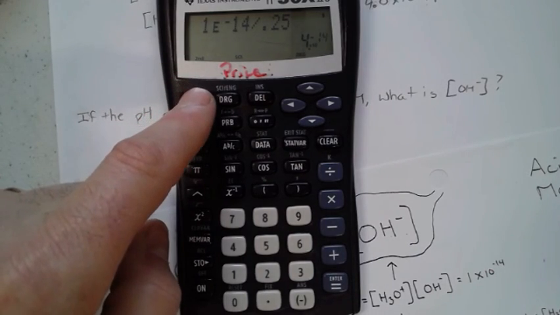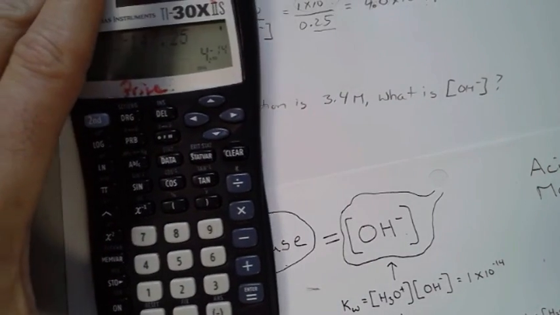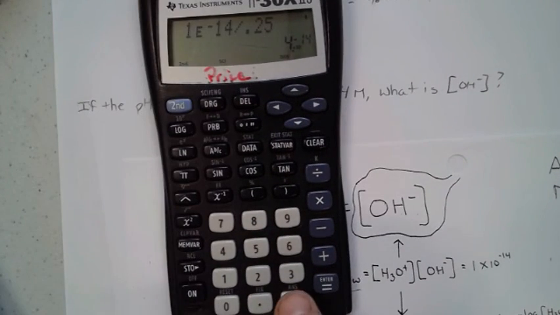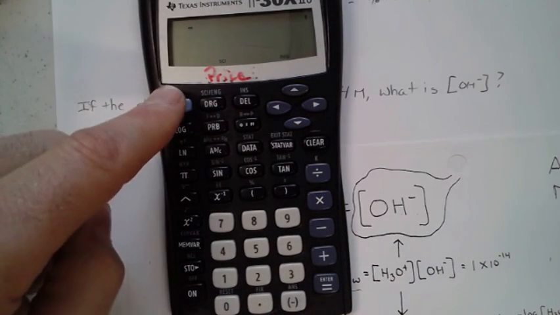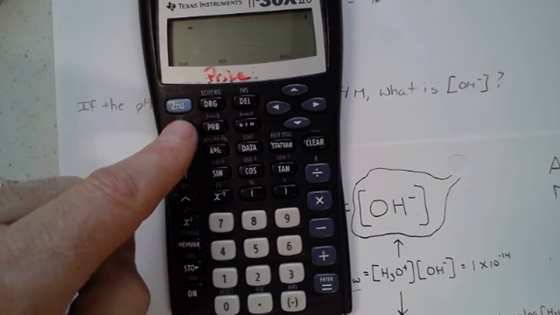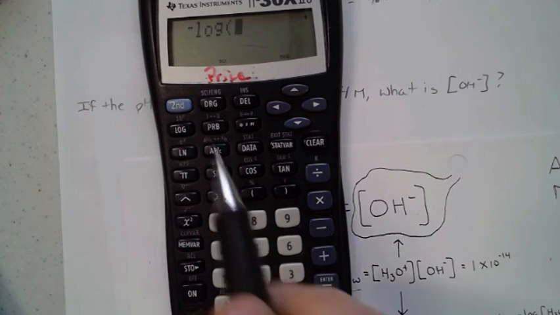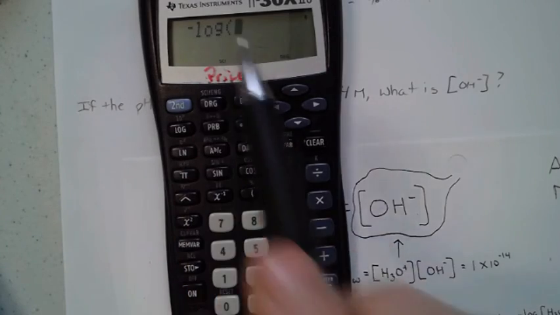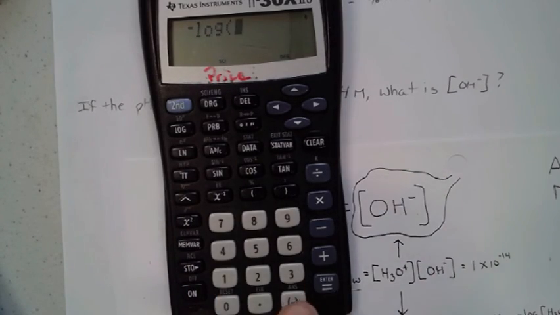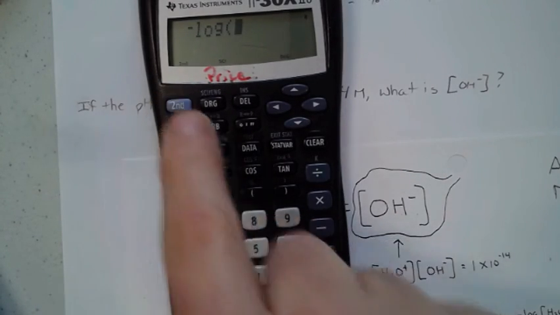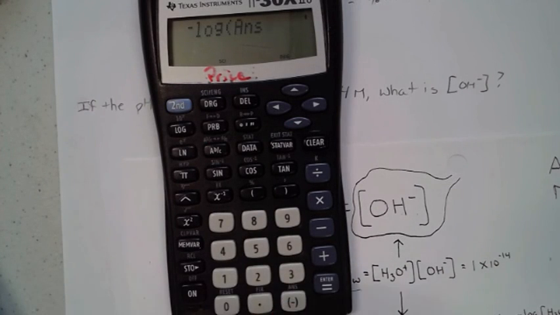So I go negative, remember it's negative, the negative button down here. Then, sorry, not second, I just go log. It's not 10 to the x, sorry. It's log, so negative log, and then the concentration of that answer. So I'm going to go second answer, which is 4 times 10 negative 14.